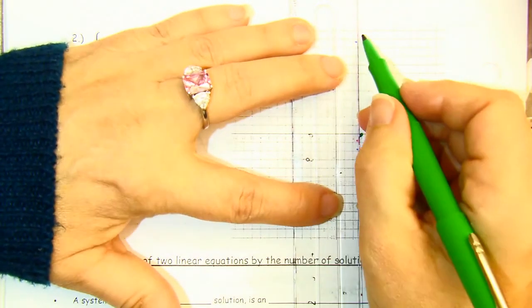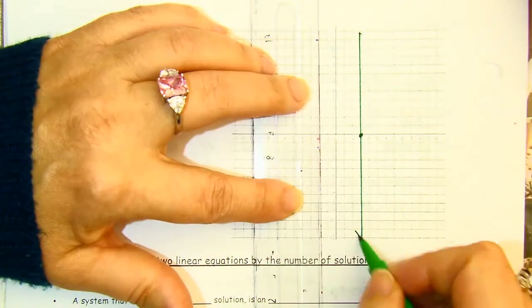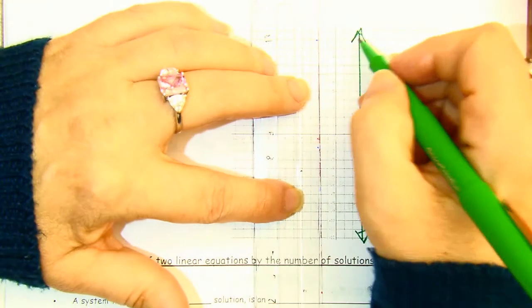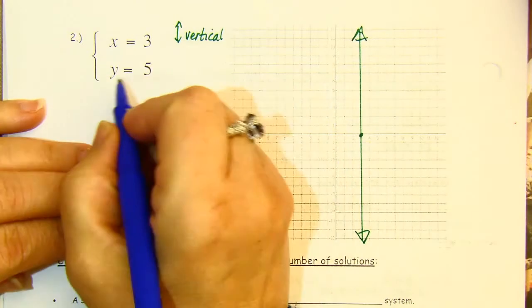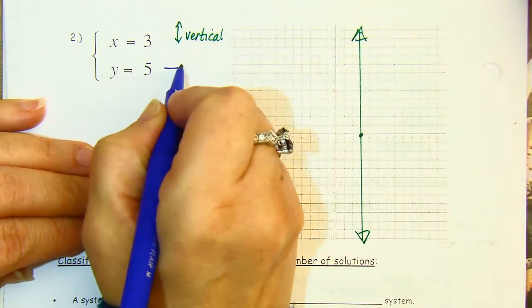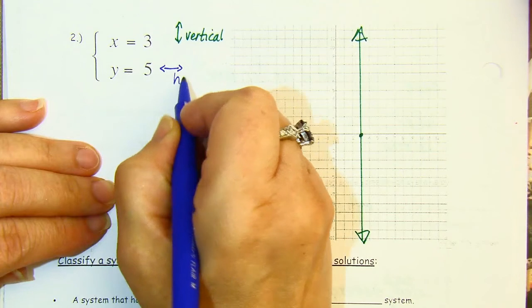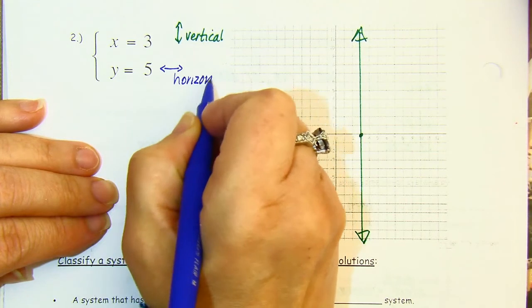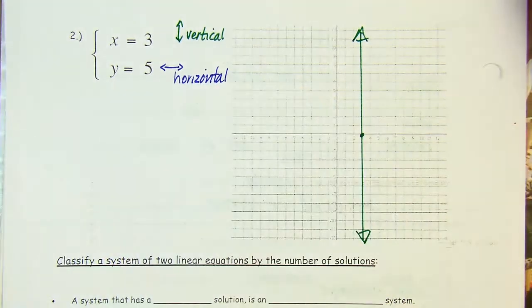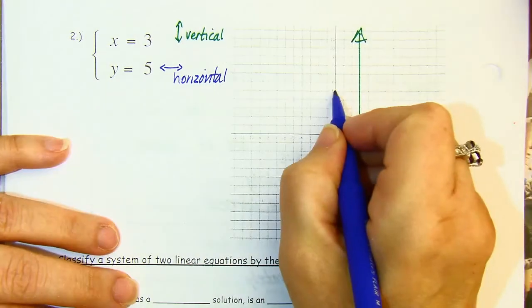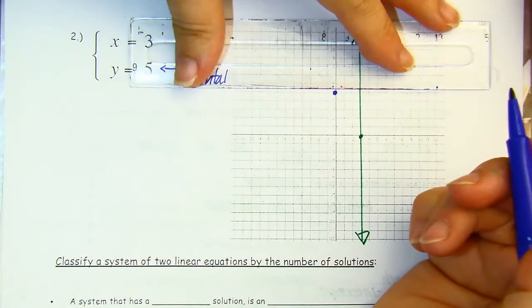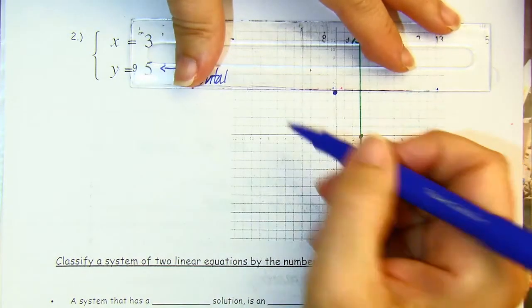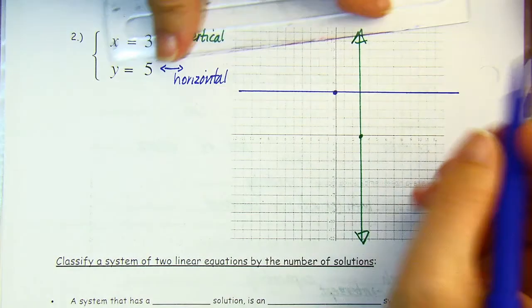So I'm going to draw my line, put my arrows. My other equation in the system is y equals 5. That's a horizontal line at where y is 5. So I'm going to put a dot where y is 5, and I'm going to draw the horizontal line right through that point.